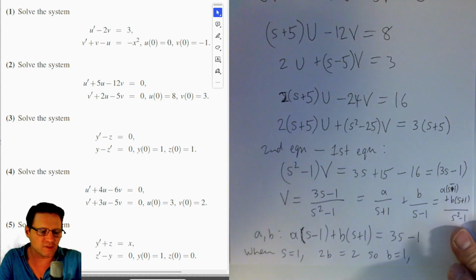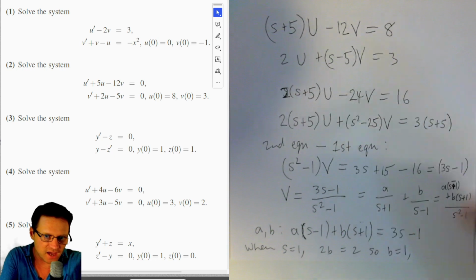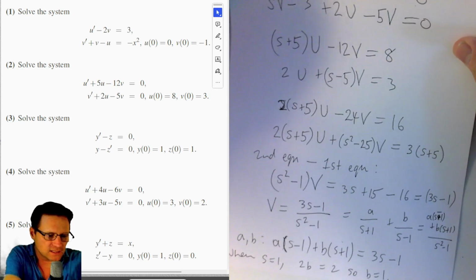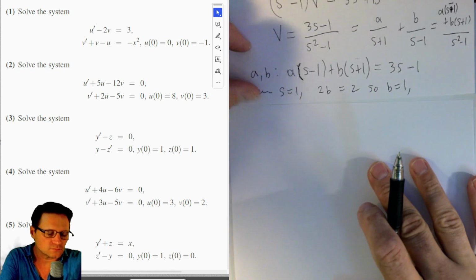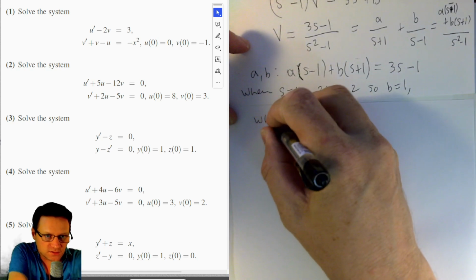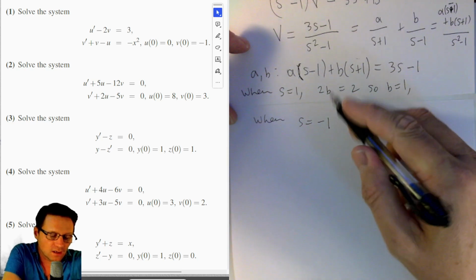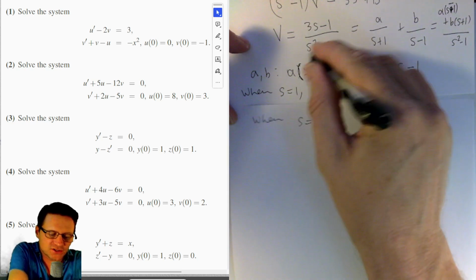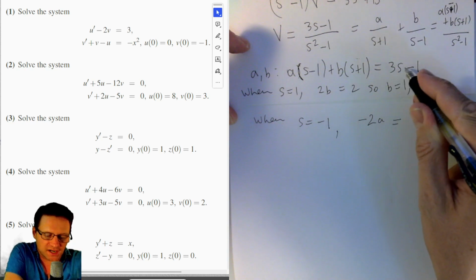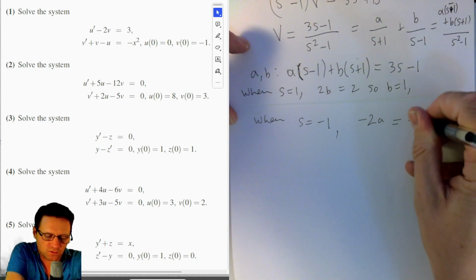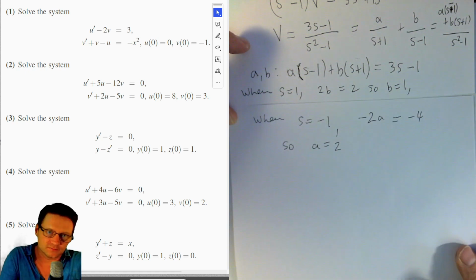And then similarly, when s is equal to minus 1, to make this vanish, but let's get another page. So when s equals minus 1, we get minus 2 here, so minus 2a is equal to minus 3 minus 1 is minus 4, and so a is equal to 2.